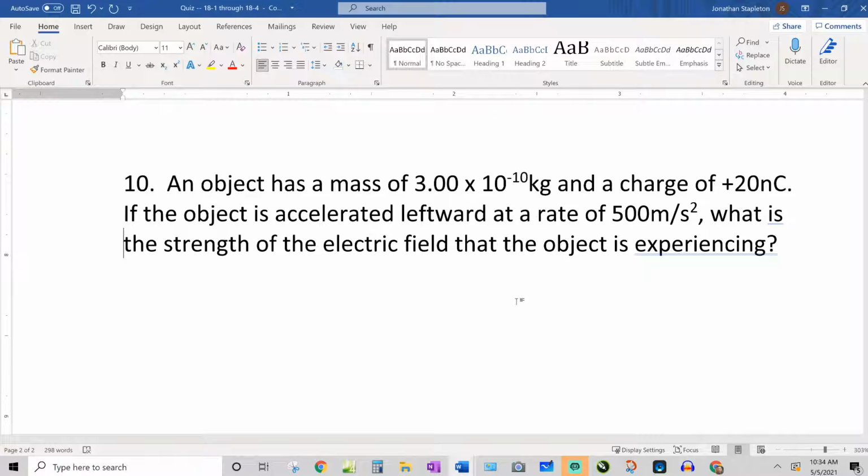I don't know why I didn't ask for the strength and direction. I should have asked for strength and direction of this electric field.